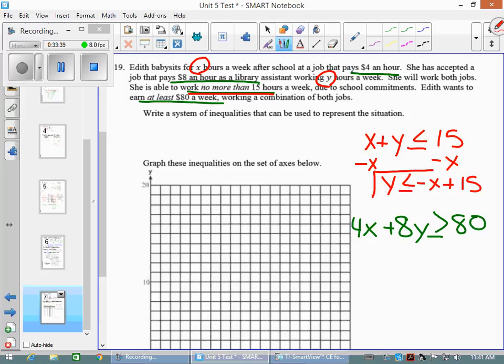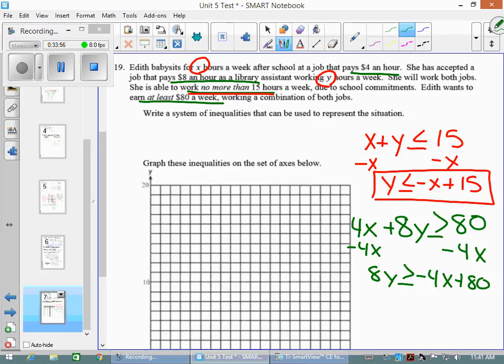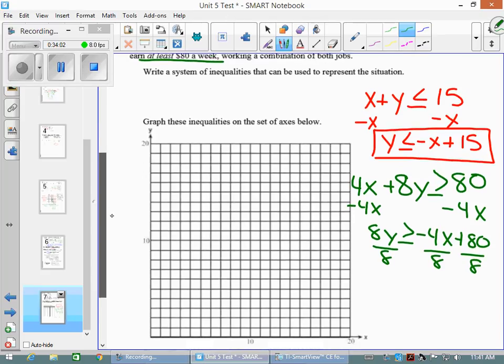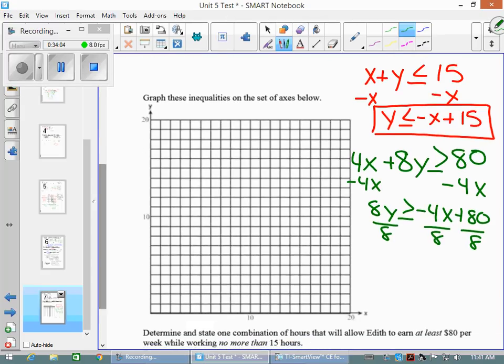So I'm going to have y is greater than or equal to negative 4x plus 80. And then divide by 8 on both sides. And my inequality is going to be y greater than or equal to negative 1/2 x plus 10. So these are the two inequalities that I would like to graph.